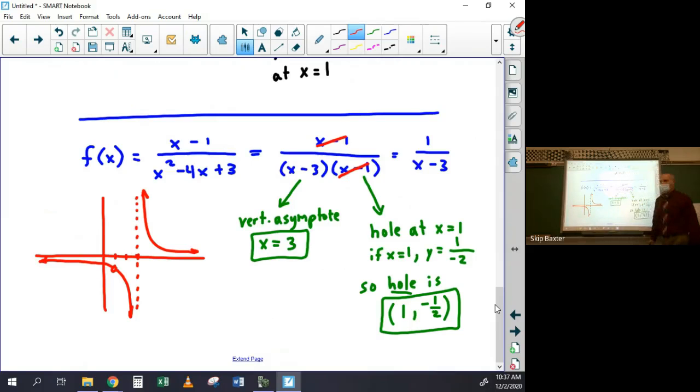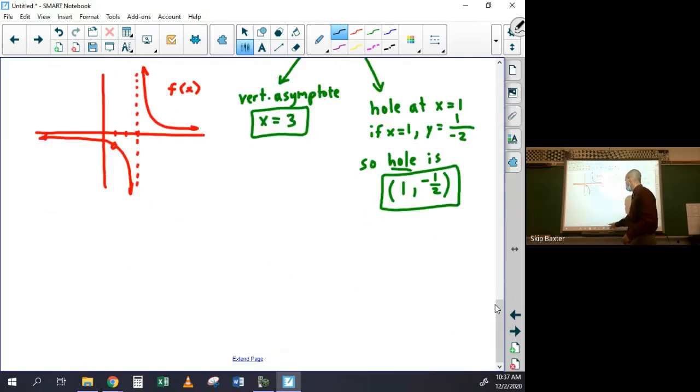That's what the original function looks like. You don't have to actually provide the graph, but I'm just showing you what's happening here. There's a vertical asymptote at 3, and you can see that from the graph. And there's a hole at 1, negative 1/2. You can see that from the graph as well. Does that make sense?